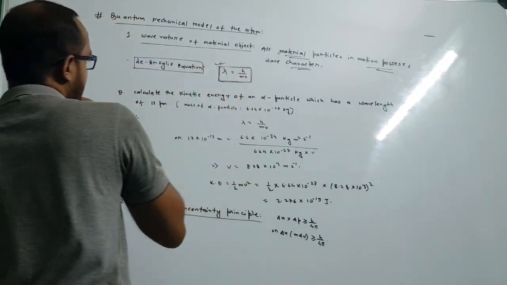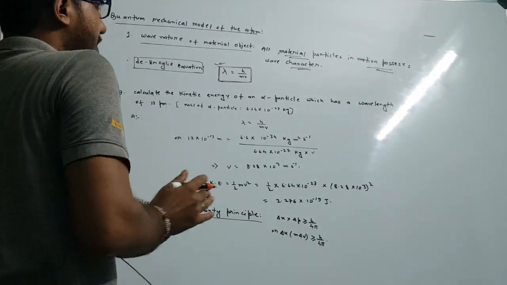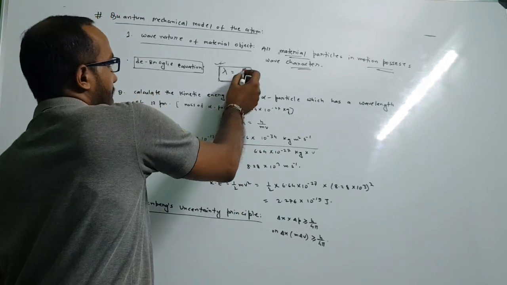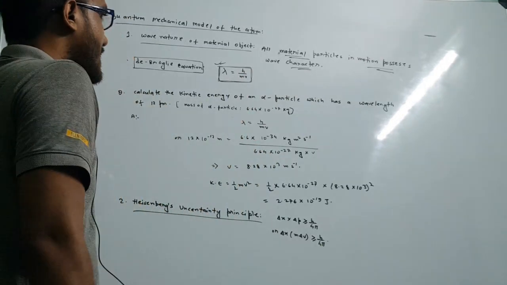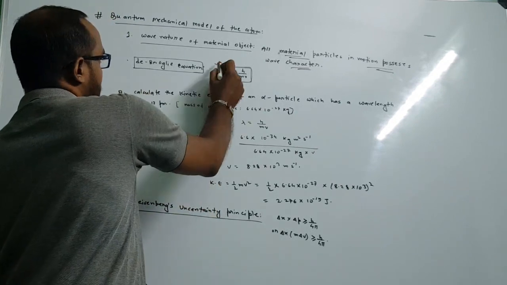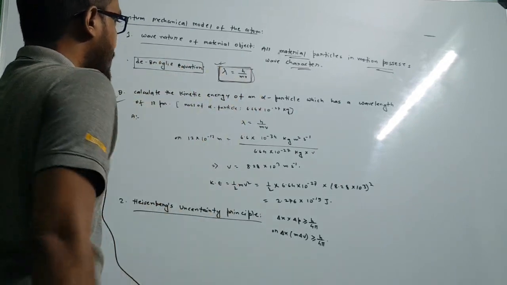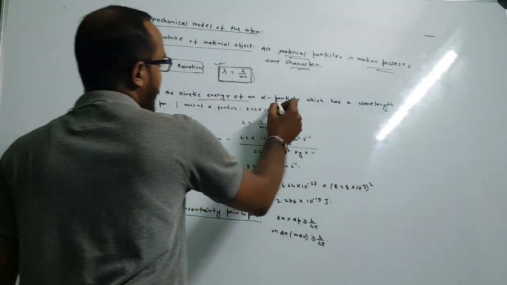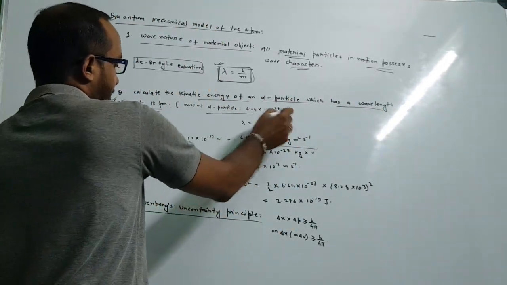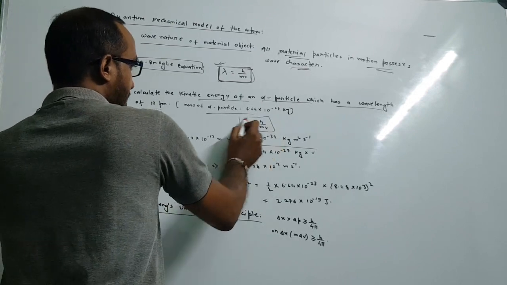He told that the wavelength of a particle which is in motion is given by lambda equals h by mv. So let us do a problem related to the de Broglie equation. Calculate the kinetic energy of an alpha particle which has a wavelength of 12 picometer. The mass of the alpha particle is given, we know lambda equals h by mv.